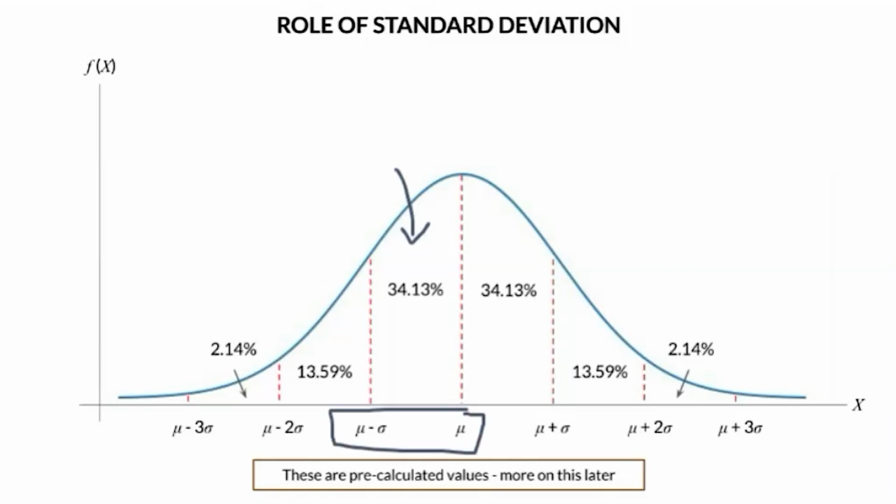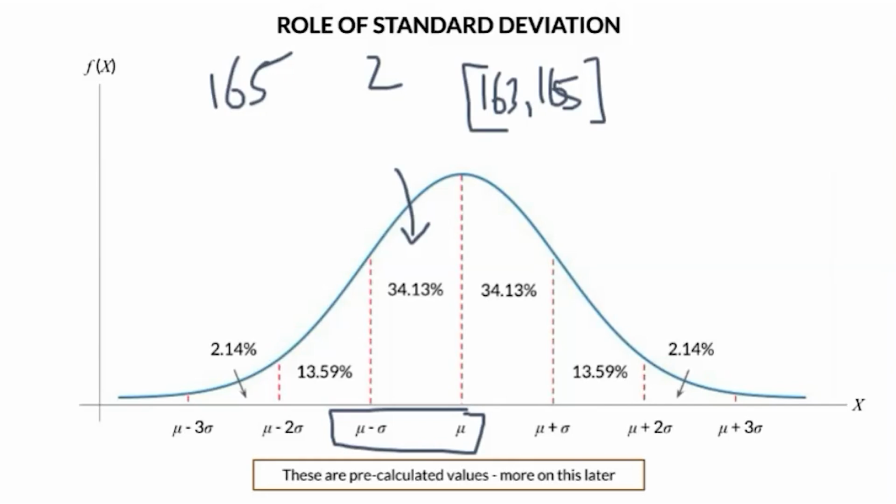This is true of all normal distributions. In my height case, the mean value is 165 for my 10,000 data points and the standard deviation is 2. What I am saying is that for the interval 163 to 165, mu minus sigma comma mu, people with heights between 163 and 165 in a large population will always be 34% of that population.